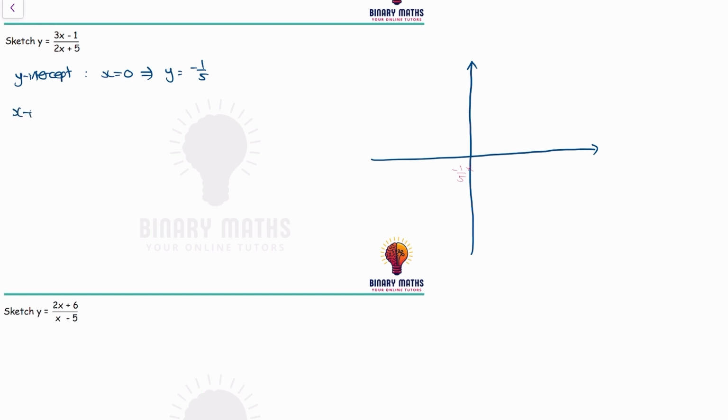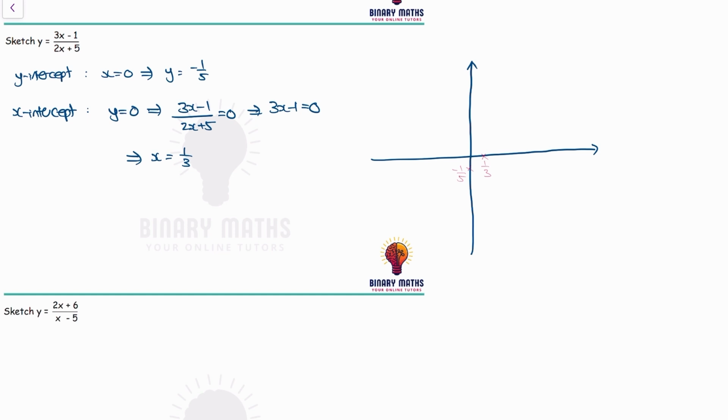Next is the x-intercept, which means y equals 0, which implies (3x minus 1)/(2x plus 5) equals 0, which only means that 3x minus 1 equals 0, which means x must be equal to a third. So x equals a third is the x-intercept.